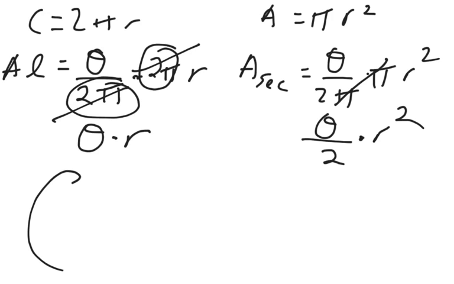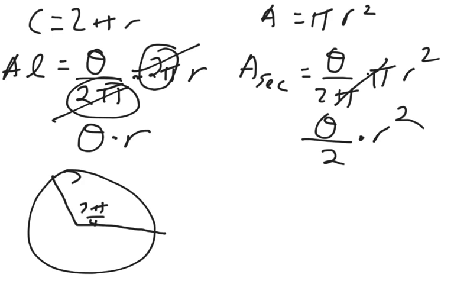So in this circle, let's say that this angle is 3 pi over 4. And let's say the radius is 8 inches.